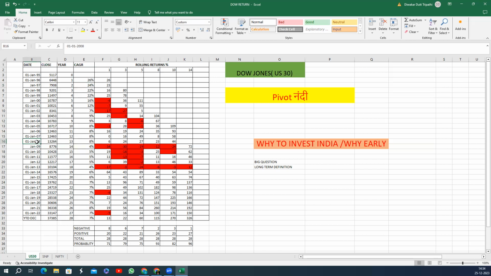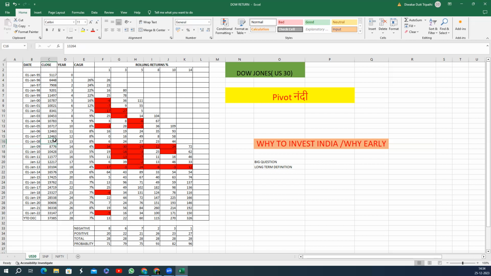When there was the 2008 Lehman Brothers crash, someone invested in the index when Dow Jones US 30 was at 13,264 level, and he invested for a 1 year period only. On 1st of January 2008, someone started his SIPs in the Dow Jones, and he remained invested up till January 2009.